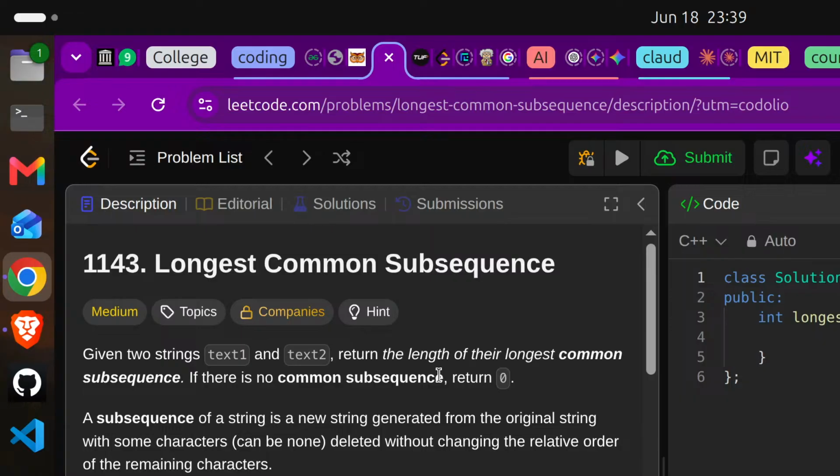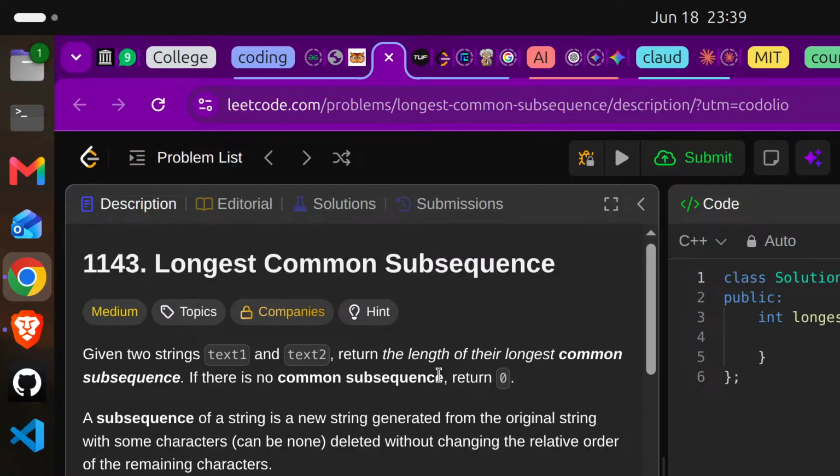So the text2 and text1, we have to take this. Text1, string text2 here, and we have some index, right? So in case of string, how do we access a string? Char at, right? We can access the string like that.